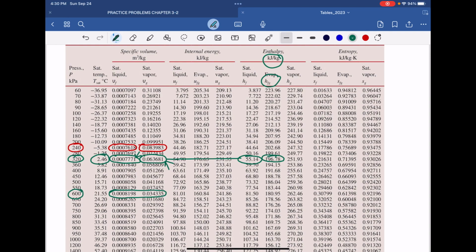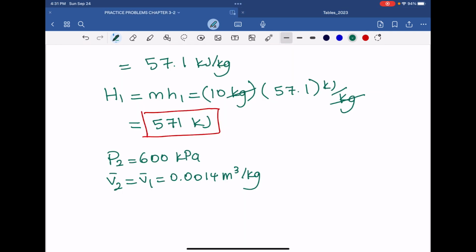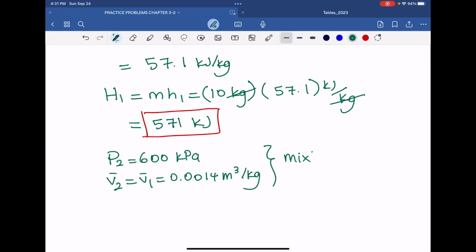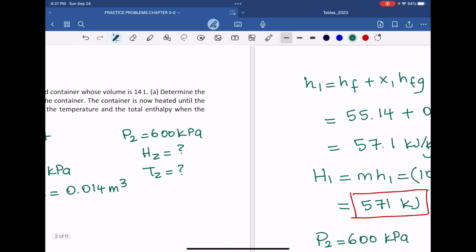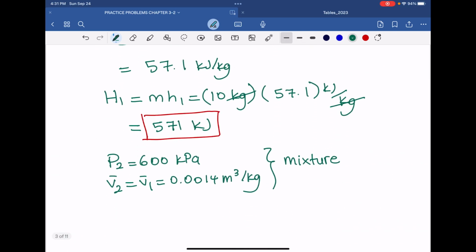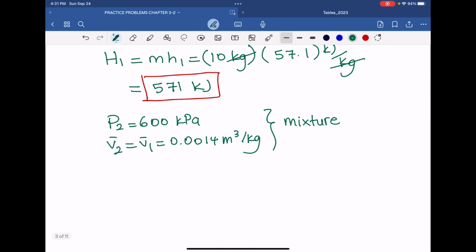It looks like we again have a mixture. Okay, this seems like a long question. All right, now to be able to calculate the enthalpy, and then what else they needed? Temperature. It's easy to figure out the temperature because it has to be the saturation temperature at that pressure.